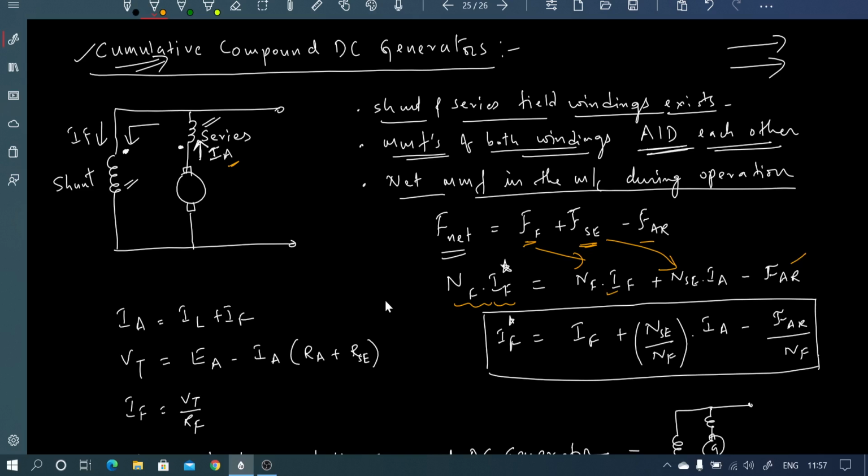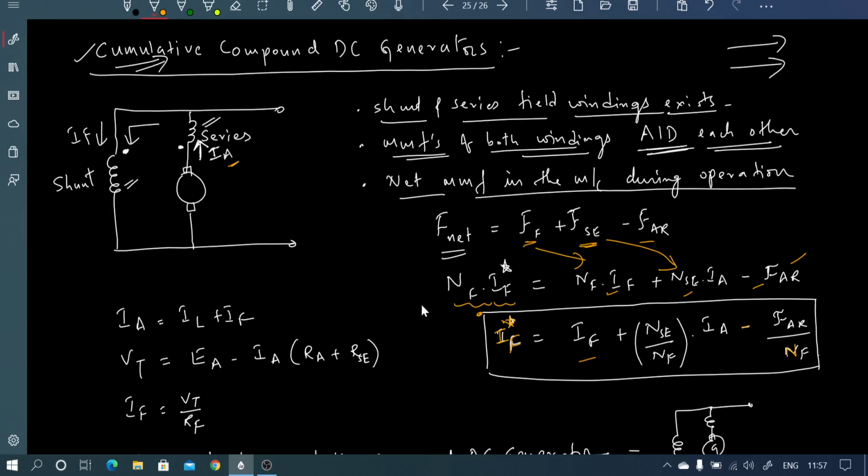So the equivalent field current under any operating condition is now given by IF plus NSE by NF into IA, minus the MMF due to armature reaction divided by the shunt field number of turns. This is the formula you need to remember.